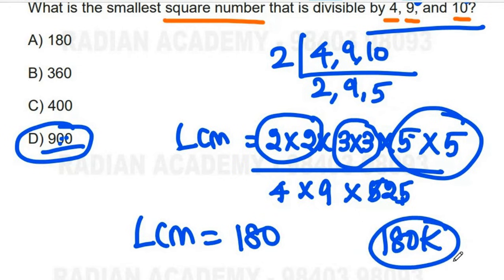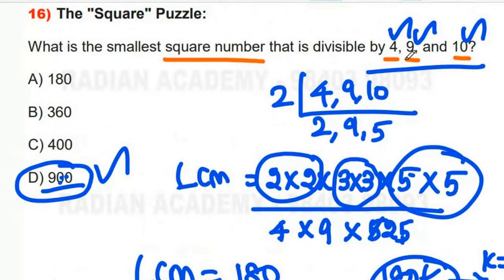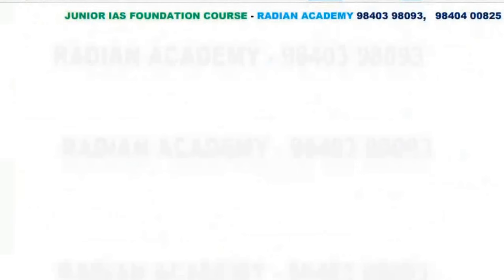Now I have to find a suitable value of k so that 180 into k becomes a perfect square. That happens only when k is equal to 5. So 180 into 5 is equal to 900. So 900 is the smallest perfect square that is divisible by 4, 9 and 10. Now understood, Sangamitra? Yes, sir.